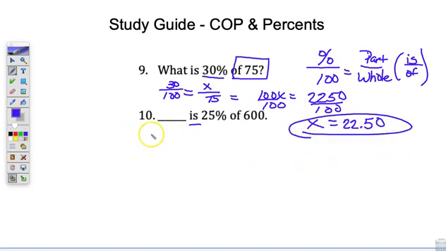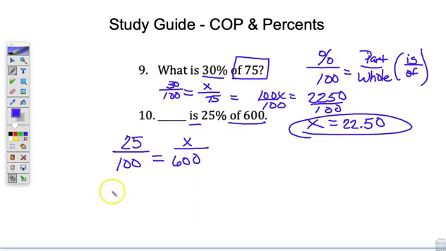For question 10, we have blank is 25% of 600. Since we have the percent, that's going over 100. We are looking for the part, and we have the whole. So in this particular example, this is how it would be set up.